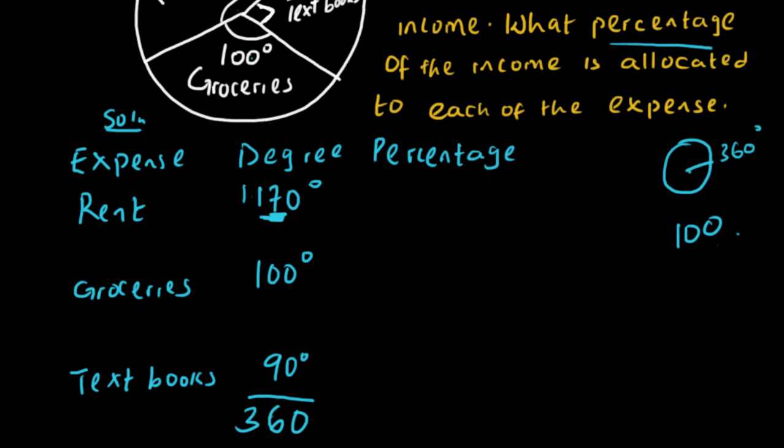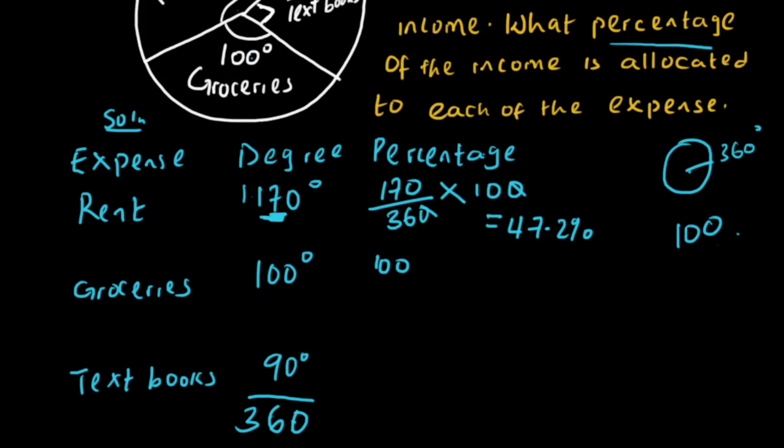So let's do this. So we have 170 all over total angles in the circle or in a pie chart, 360 times what are we converting it to? Percentage, 100. Does this make sense? So 0 cancels 0. Then we have 170 times 10 is 1,700. 1,700 divided by 36 is approximately 47.2%. So let's do the next.